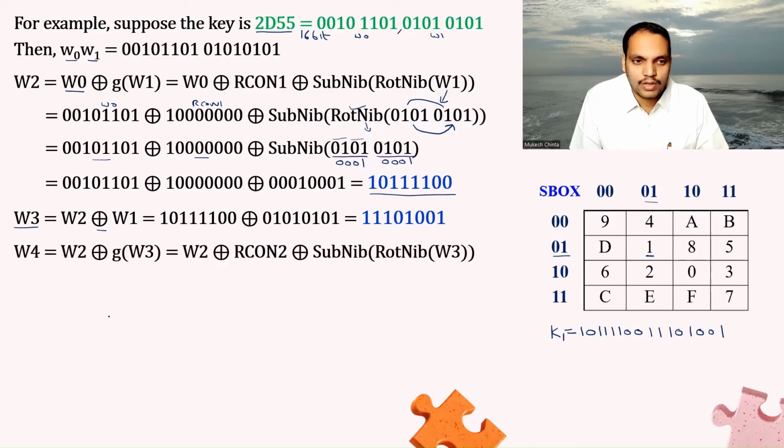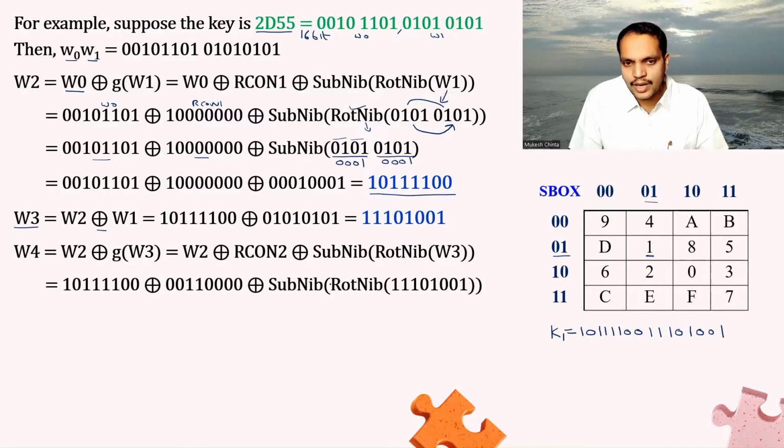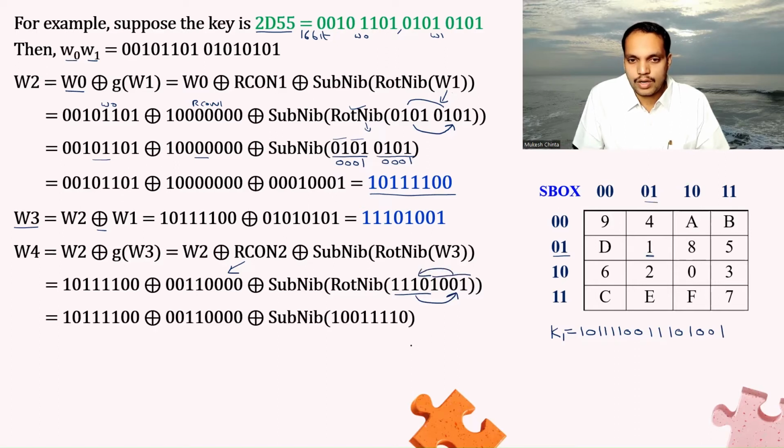Similarly, if you proceed the same way, W4 is equal to W2 plus the G function of W3. Once again, you have the round constant and rotate nibble. Here, W3 we calculated, and I just substituted the value of round constant 2, which we calculated in the previous slide. So what is going to happen here? These 4 bits are going to move here and these 4 bits are going to move here. That's all rotate nibble is about.